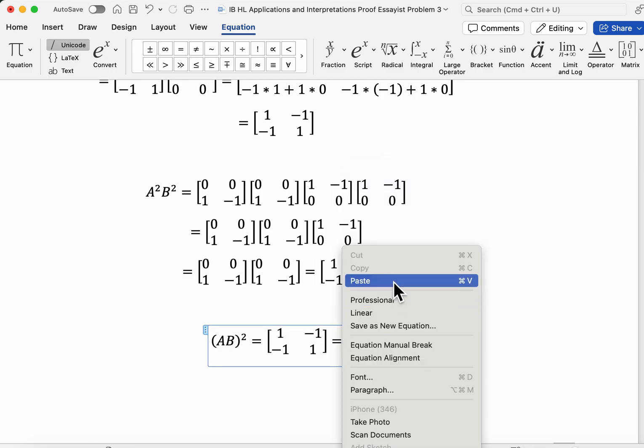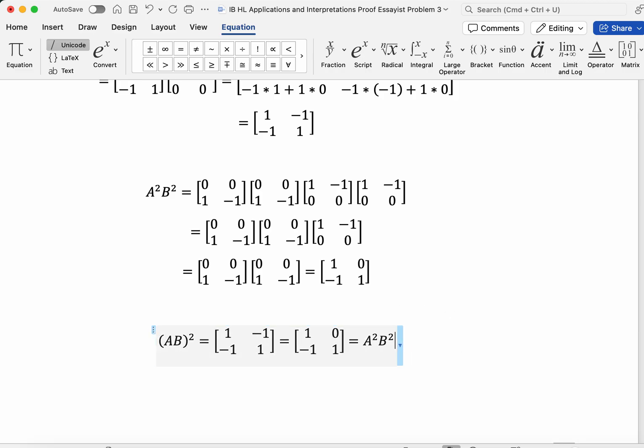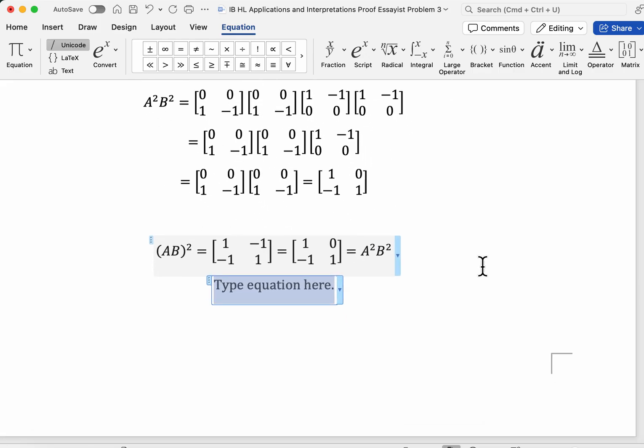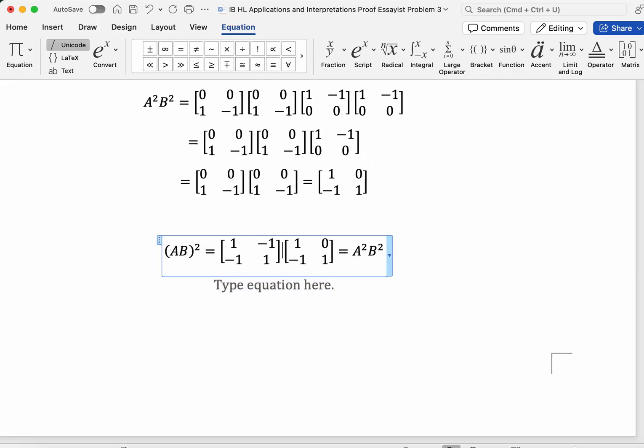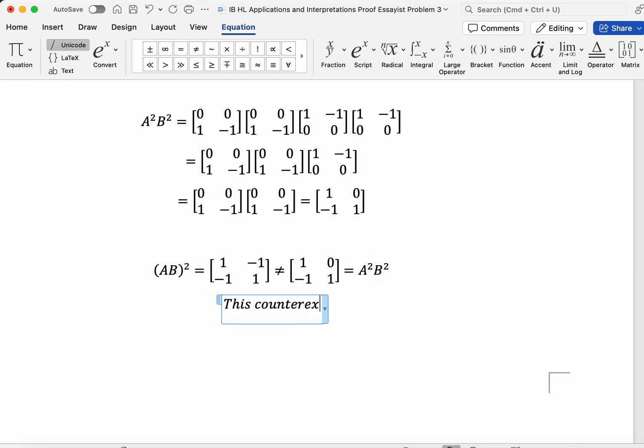One counterexample suffices. You don't need to go and generate a whole bunch of other things. Yeah, these are not equal to each other. This counterexample disproves the first conjecture.